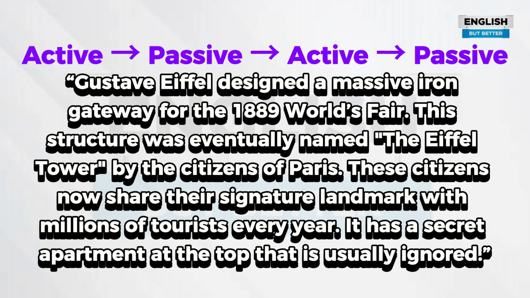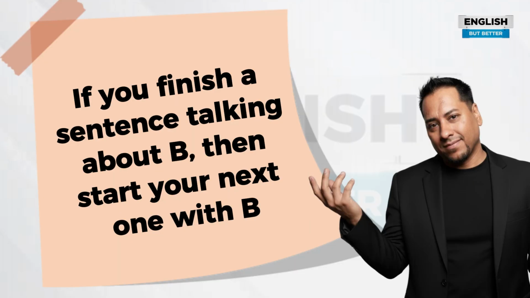Not only does this flow emphasize the important ideas and make your writing smooth, it also keeps the most important ideas together. If you finish a sentence talking about B, then start your next sentence with B, if you can use the passive to achieve this.